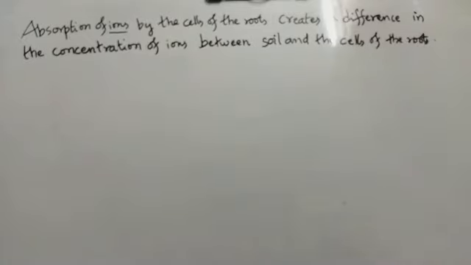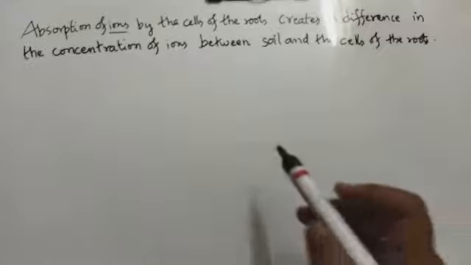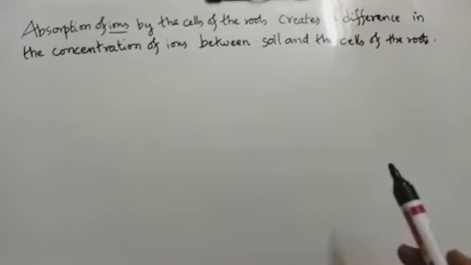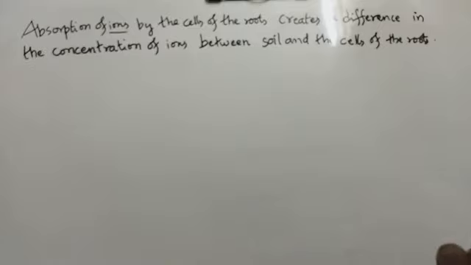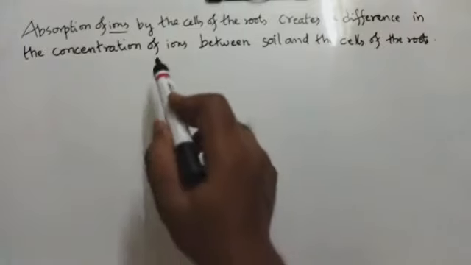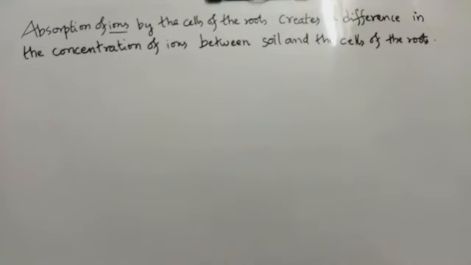To eliminate this difference, so this difference in the concentration of ions is in reciprocation with the solvent, because these ions are present in dissolved form in water, both in the roots as well as in the soil. So when more ions are moved into the cells of the roots, when compared to the water present in the cells of the roots, the ionic concentration is increased.